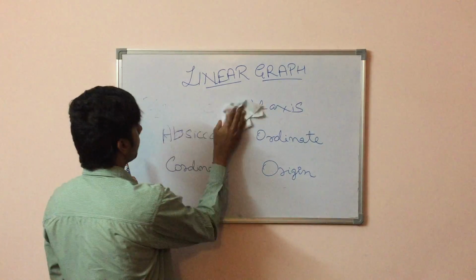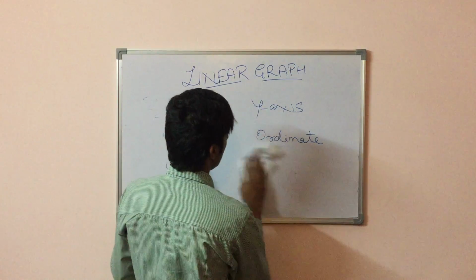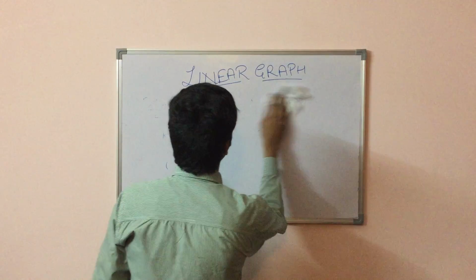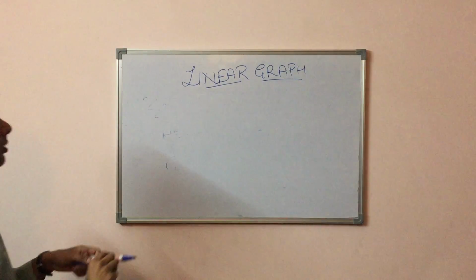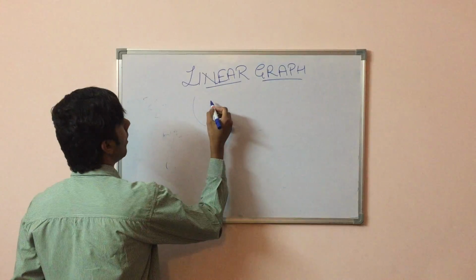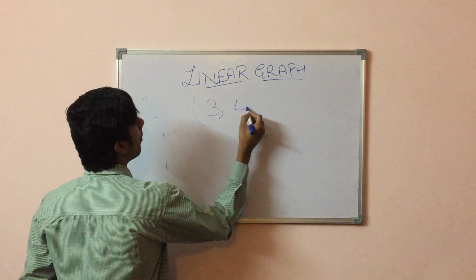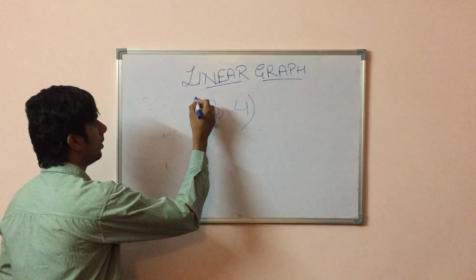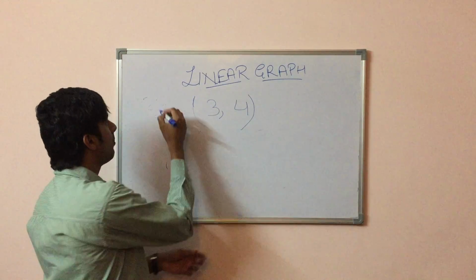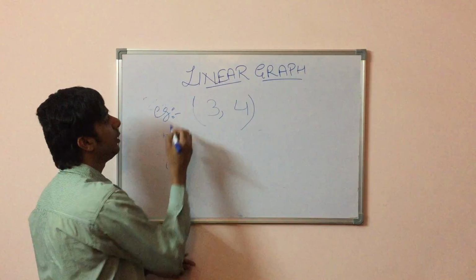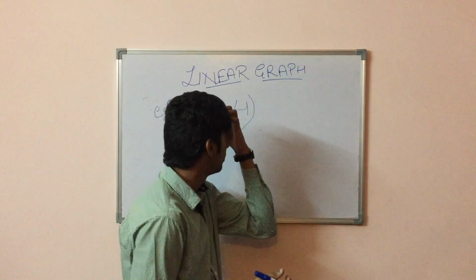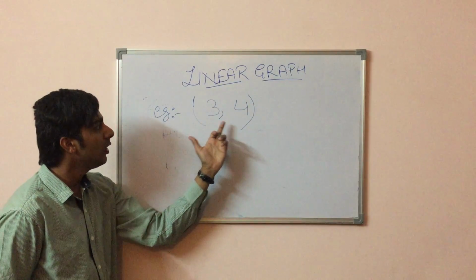So suppose if I give you a point, suppose I say there is (3, 4). Now in this example only, I will be explaining these terms. What is 3, 4?